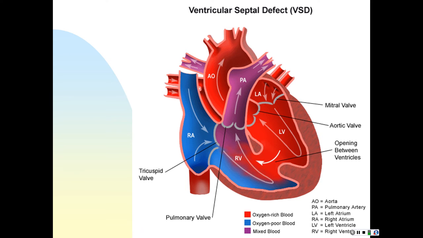So permanent changes can occur that we can't undo. Remember, the word permanent means can't undo. So we are not going to let this child get that old before we fix the VSD. These kids will have their VSD fixed probably by the age of 6 months.